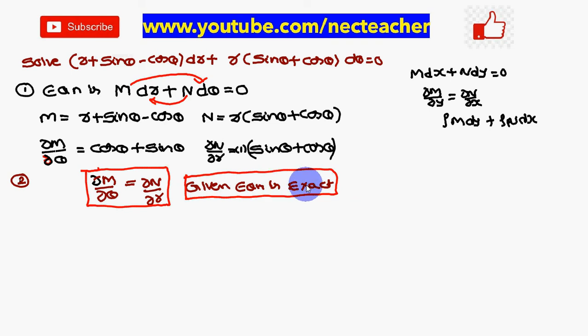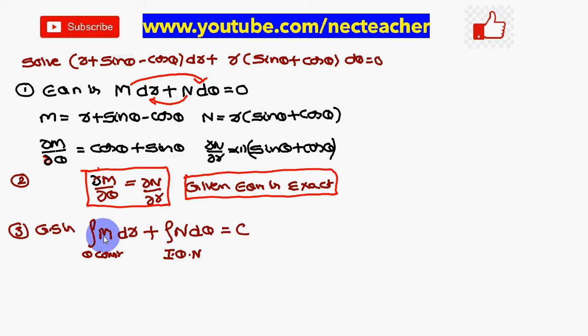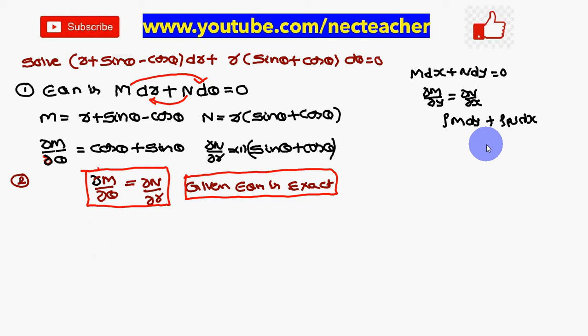Then the general solution: you simply add the integration of these two. For the second one, you have to remember the terms. So let us consider the integral of M dr. Let me check it one more time here.